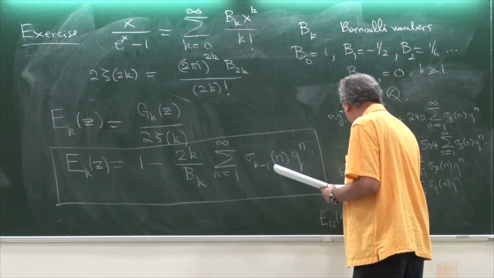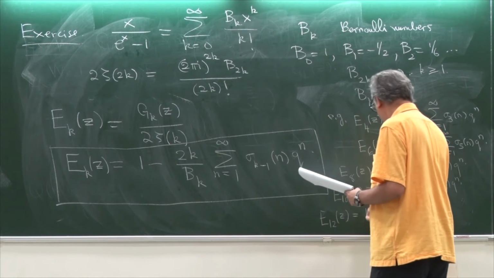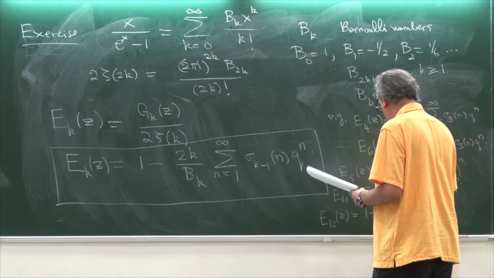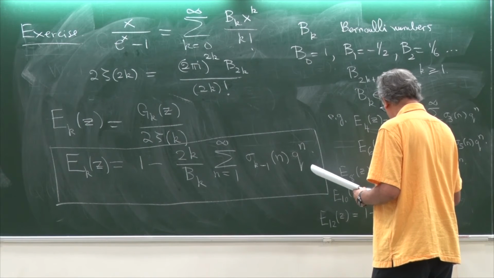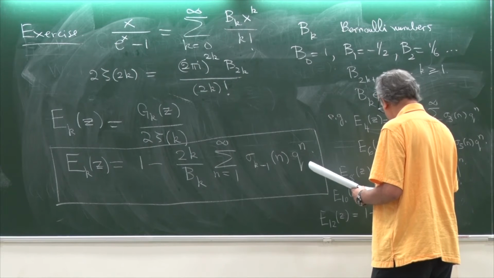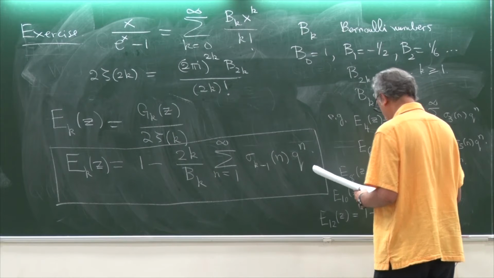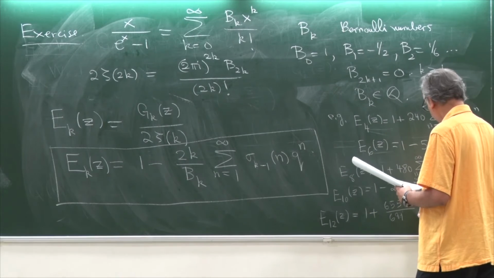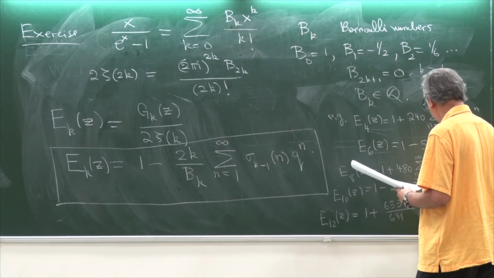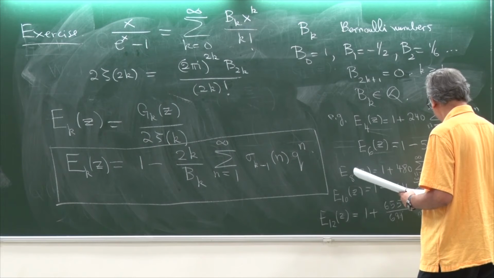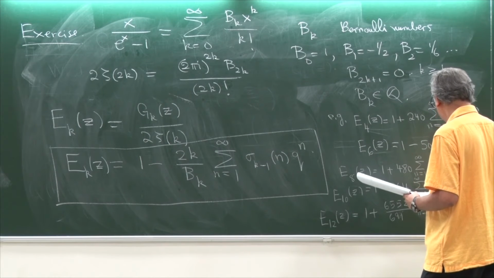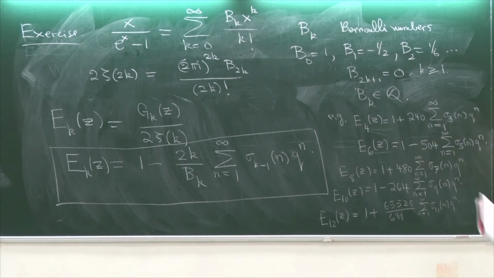E12(z) is 1 plus 65520 over 691 times the summation, n going from 1 to infinity, of sigma_11(n) q^n. So E12 does not have integer Fourier coefficients, but the denominator is a single prime, so it's almost integers except for one prime.